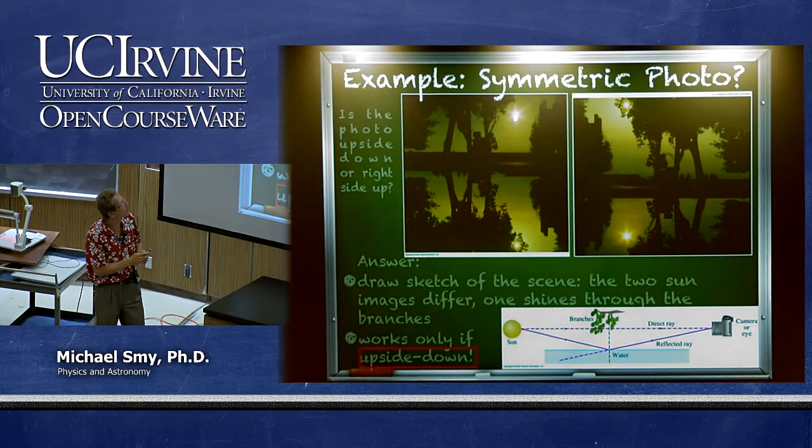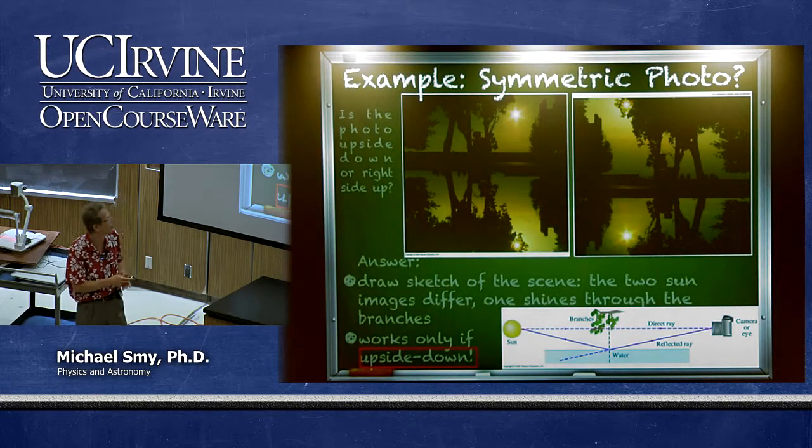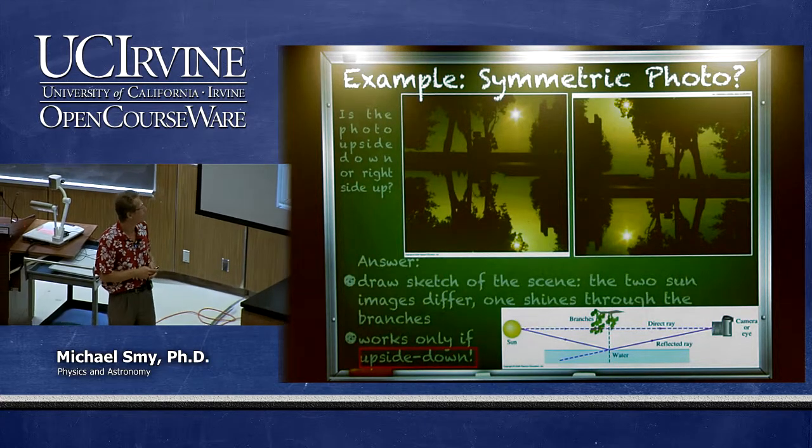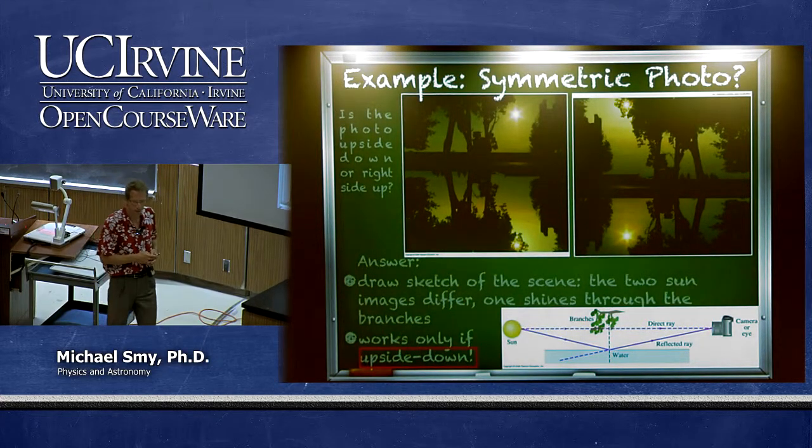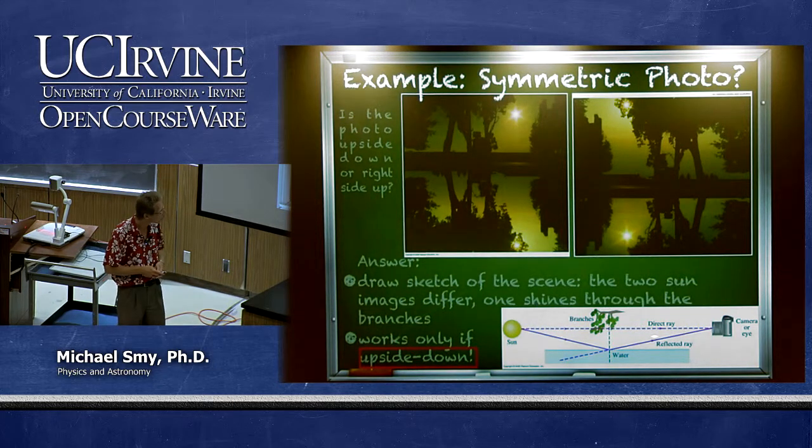And if you look at the image of the sun, this image is clear of the branches of the tree, and this one is not. And of course, this one is the same as that, since it's the same picture, just rotated. So we can now draw a sketch of the scene and find out which is actually the correct orientation. So here we have the branches which are between the camera and the sun.